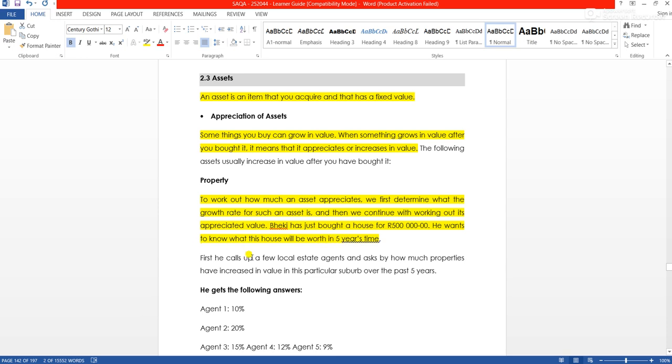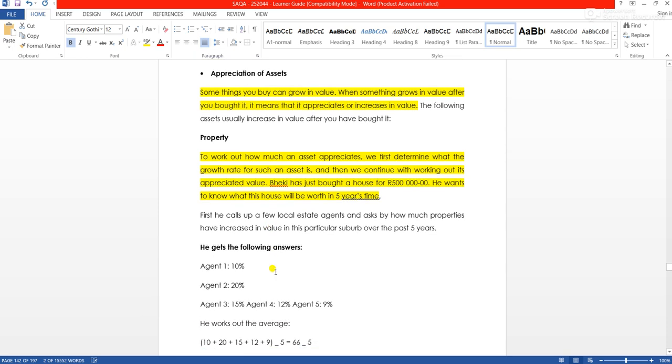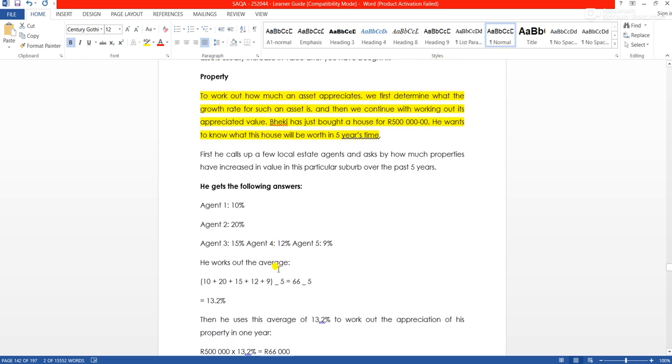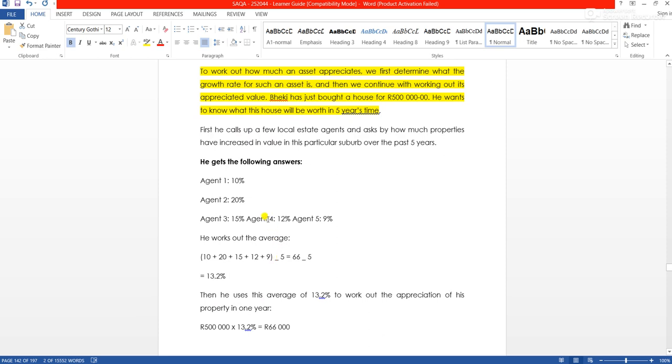So first he calls a few local estate agents and asks how much properties have increased in value in this particular suburb over the past 5 years. These are the findings: agent 1 says 10%, agent 2 says 20%, agent 3 says 15, agent 4 says 12, and agent 5 says 9%.